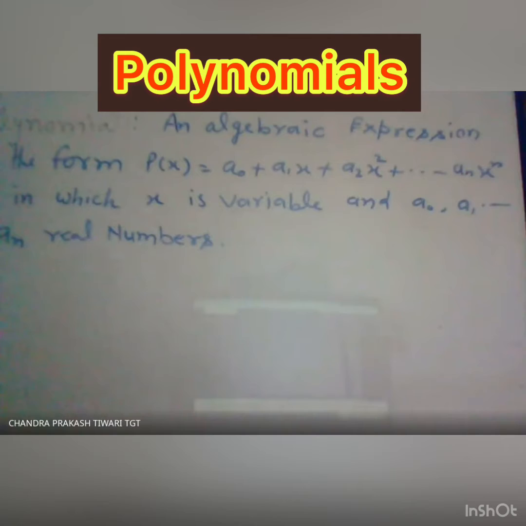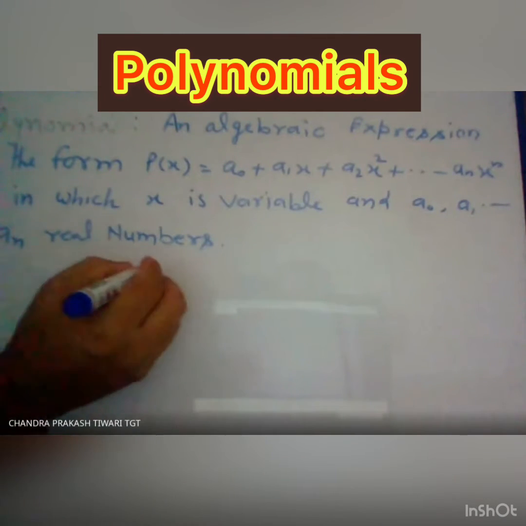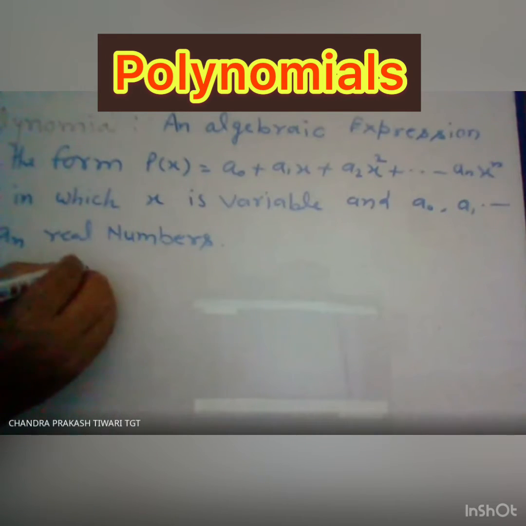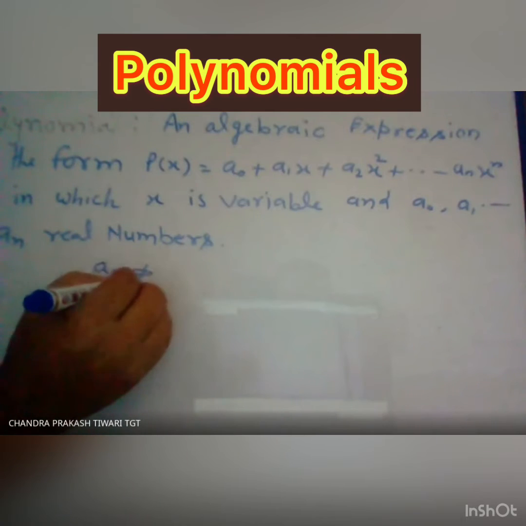So this is the definition of polynomial, but here is the necessary condition that an is not equal to 0.